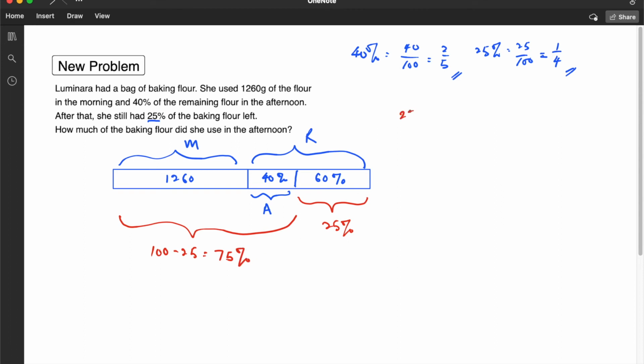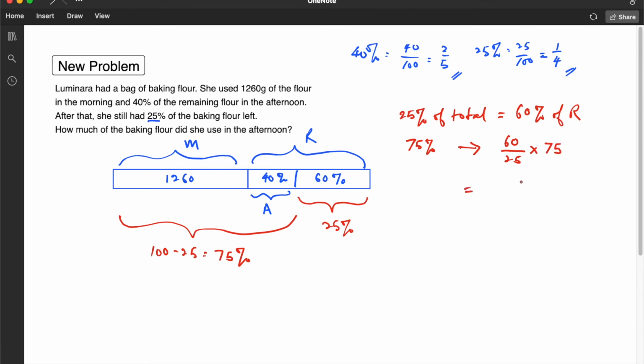So we know that 25% of the total is equal to 60% of the remainder. So we can find 75% of the total. This will of course be equal to 60 divided by 25% to find 1% of the total, and then multiply by 75%.